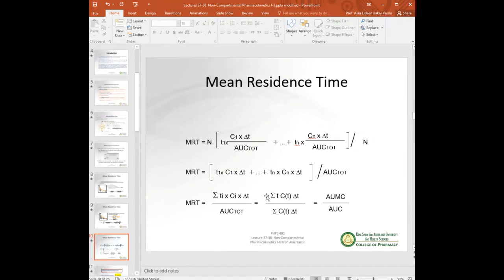If we take the average time, dividing this by this will give us a time, only time, because we took out the multiplication of concentration by its time, and the only thing left is the magnitude of time of residence of all the components, the particles, the molecules comprising the dose. Adding this will give us the mean residence time of the dose inside the body. Any question?